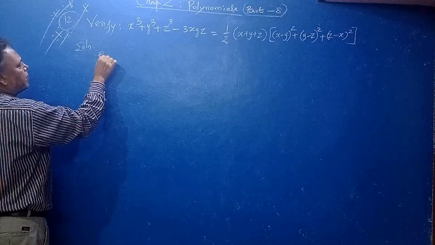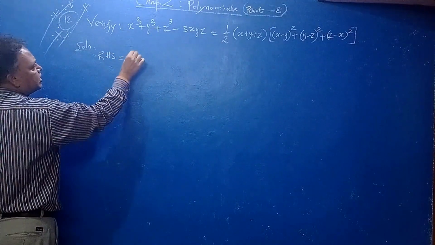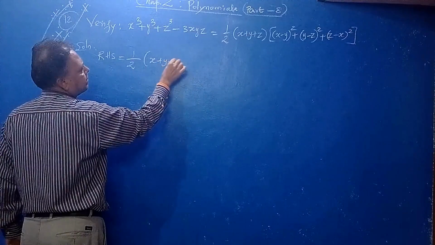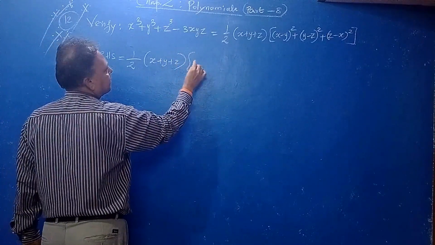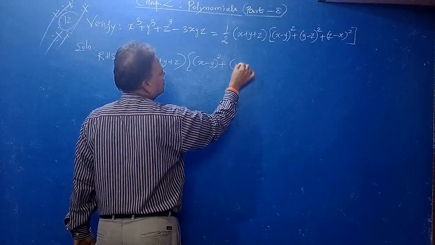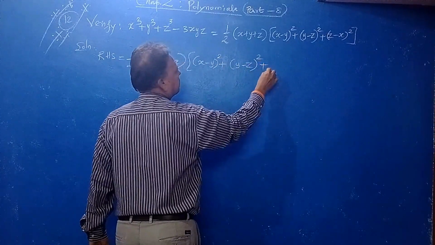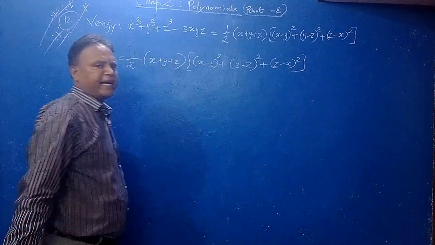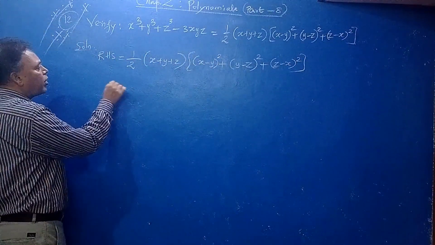Right hand side equals, write as it is. First write as it is.